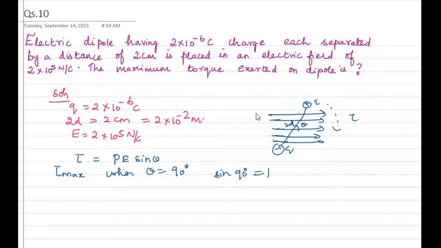So maximum torque is obtained when theta is 90 degrees. So tau is equal to pE for maximum, since sin 90 is 1. What is p? p is equal to Q into 2d. The E value is given, just substitute the values.